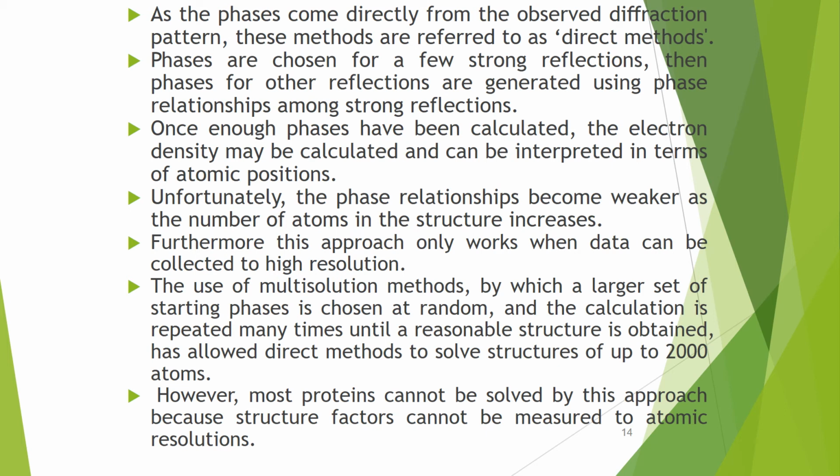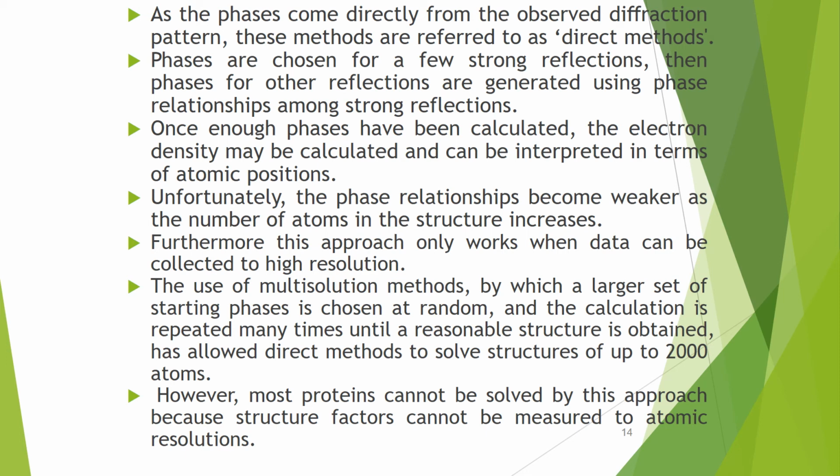As the phases come directly from the observed diffraction pattern, these methods are referred to as direct methods. Phases are chosen for a few strong reflections. Then phases for other reflections are generated using phase relationships among strong reflections.